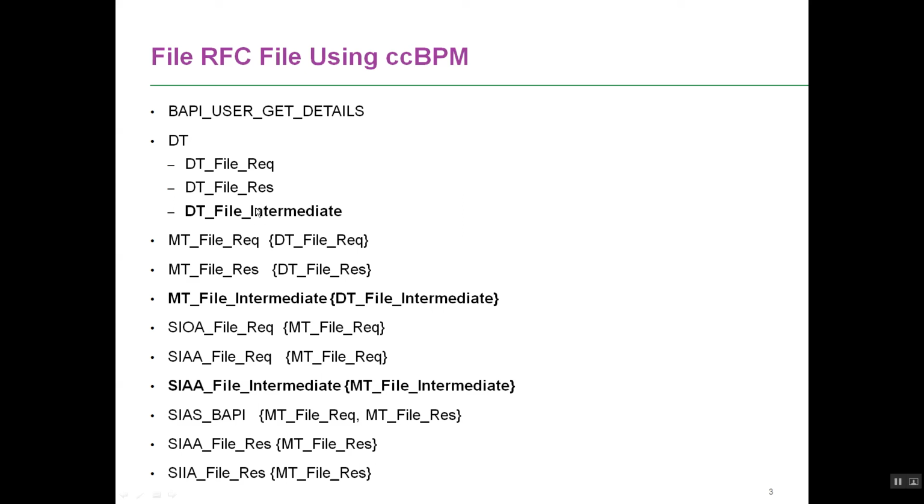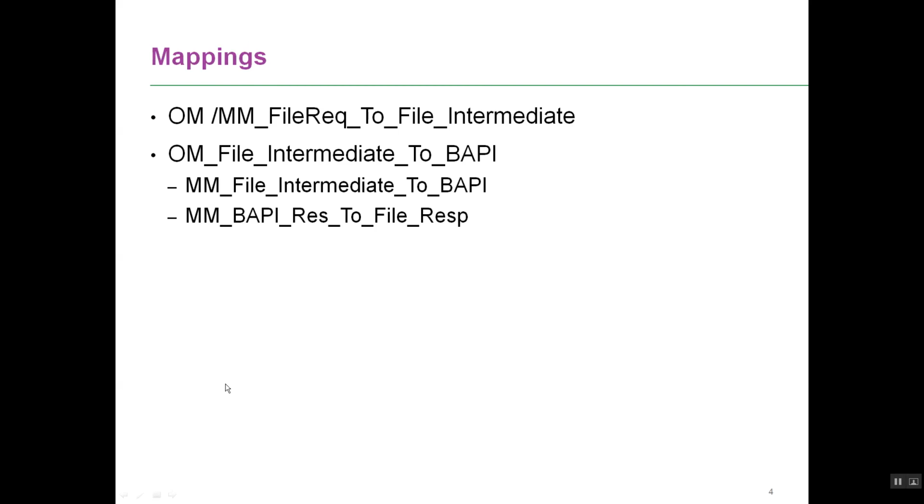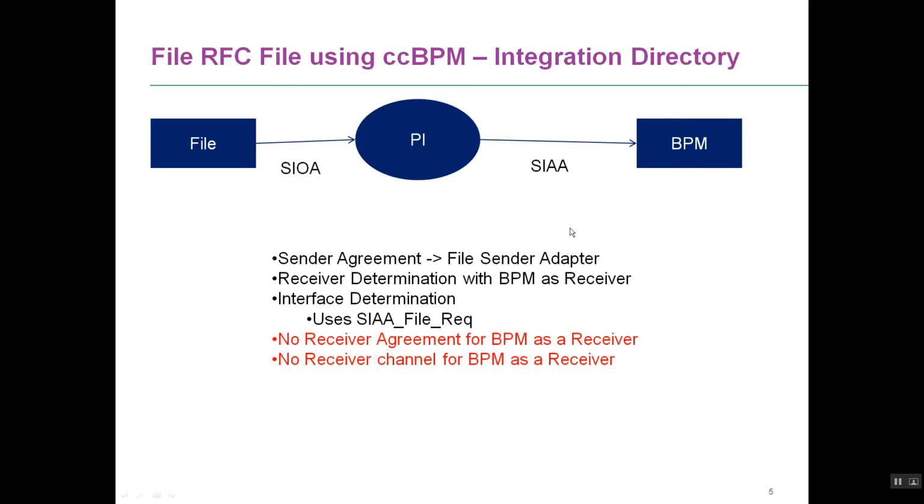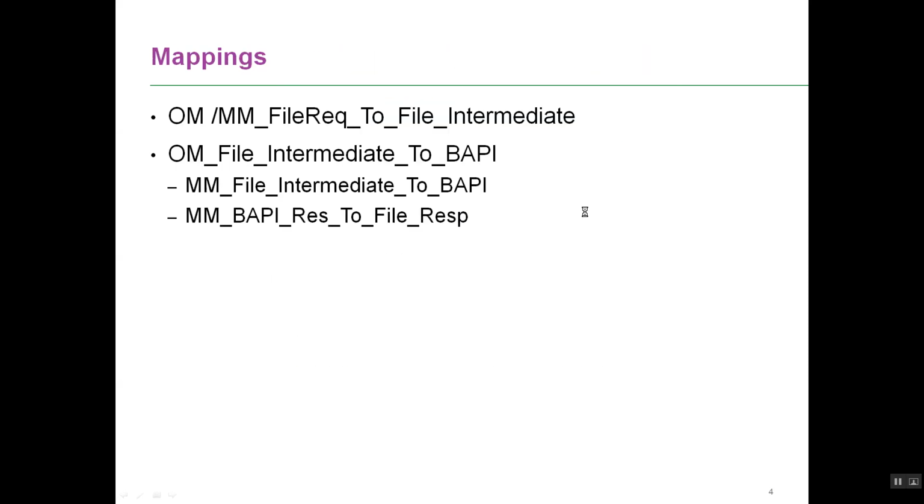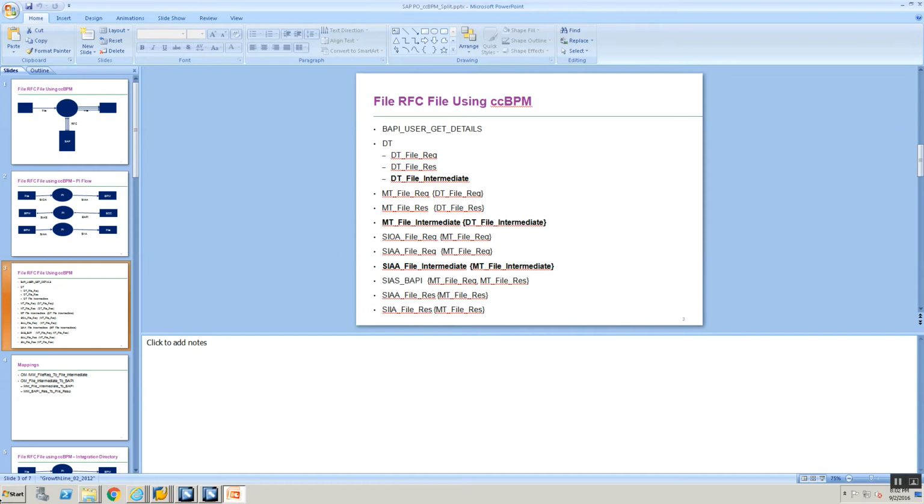Equivalent to that data type, you will have one message type called intermediate, and equivalent to that message type, you will have one service interface called abstract asynchronous. Okay, and then we will have one new mapping to be able to split the input request file into the intermediate file. All right, so with that, let's get started and let's start building our enterprise service repository objects.